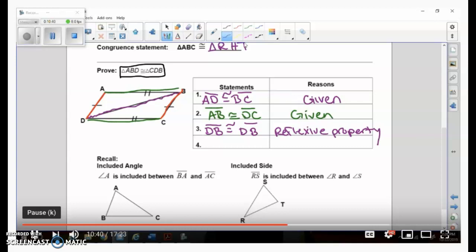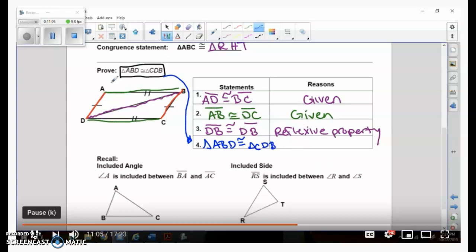And then the last thing that we're proving is we are going to look at our proof statement. So your last statement should always be what the prove statement is, what the prompt is asking you to prove. So triangle ABC is congruent to triangle CDB.